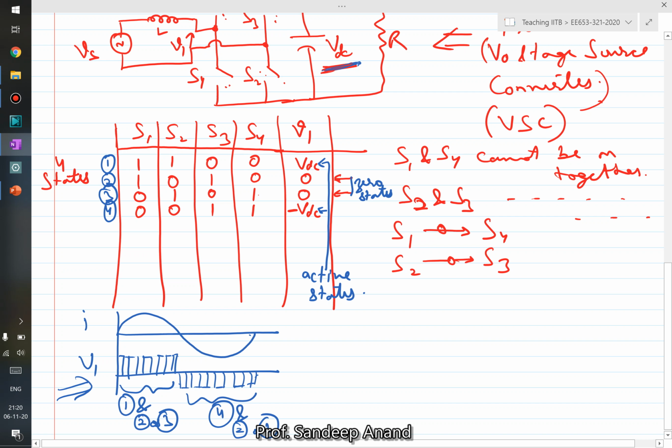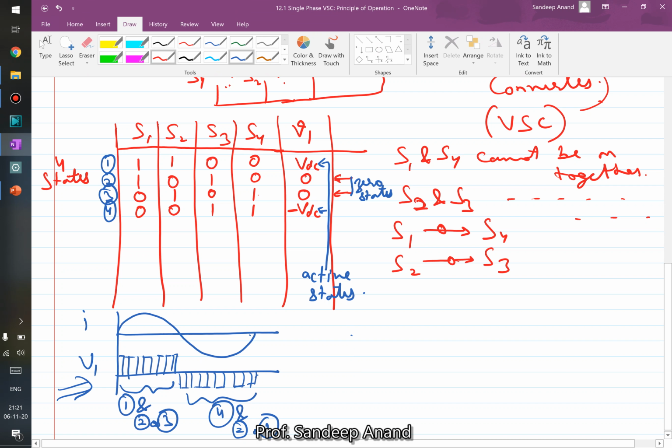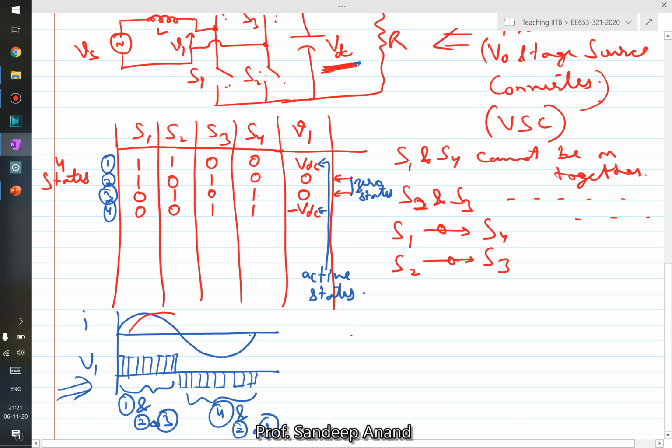It does not depend on the direction of current, and therefore even if the current is phase shifted, still you can maintain this V1. And therefore the fundamental component of V1 and the fundamental component of the current could be phase shifted. In fact, they could be completely out of phase.